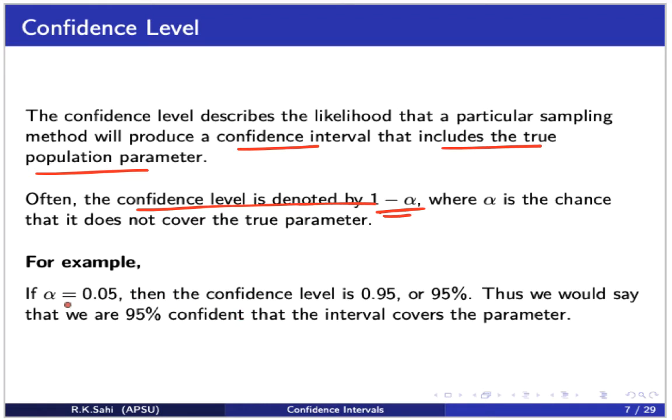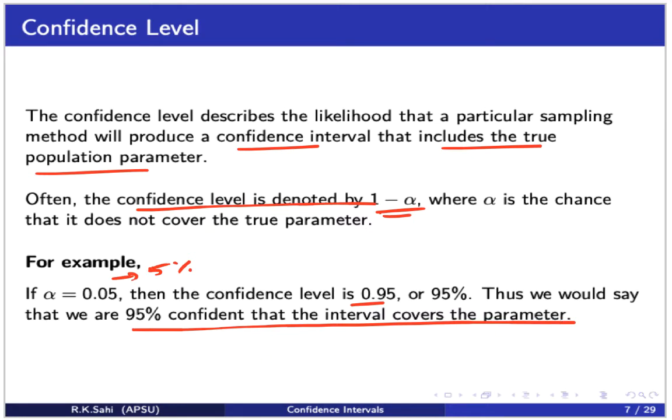For example, if I say alpha is 0.05, remember this means 5%, then the confidence level is 0.95 or 95%. And how would we interpret it? We would say we are 95% confident that the interval will cover the true parameter.